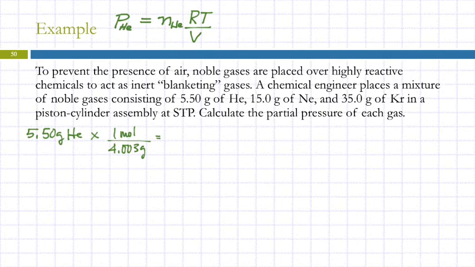So 5.5 divided by 4.003 equals 1.37, I want to keep 3 sig figs, 397 moles of helium. Okay, so this is good.